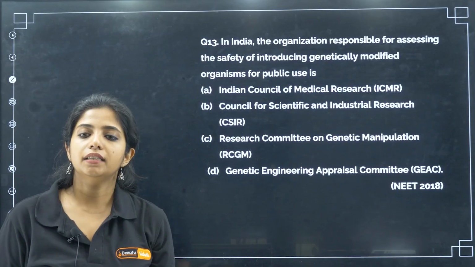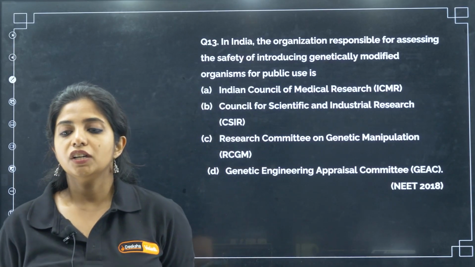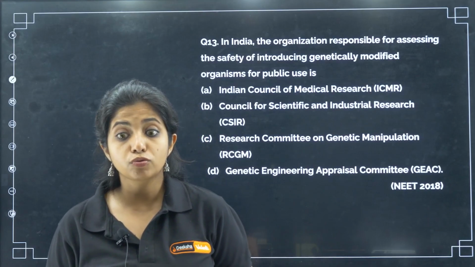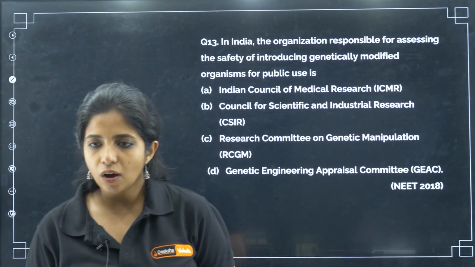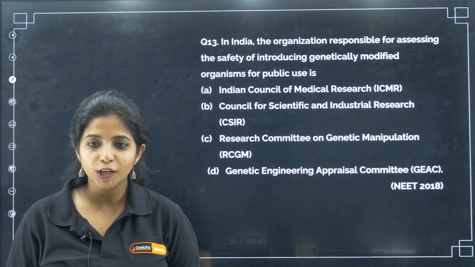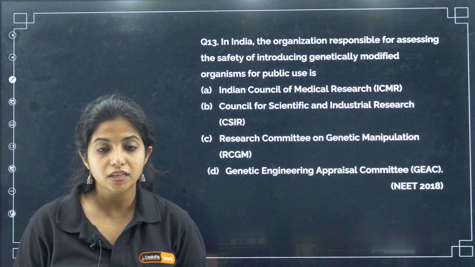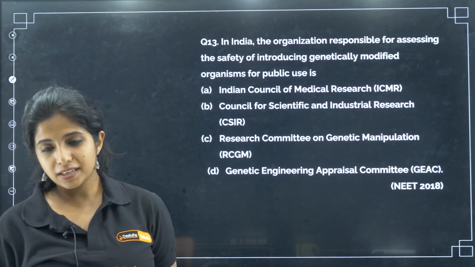In India, the organization responsible for assessing the safety of introducing genetically modified organisms for public use is what? Indian Council of Medical Research, ICMR, Council for Scientific and Industrial Research, CSIR, Research Committee on Genetic Manipulation, RCGM, or Genetic Engineering Appraisal Committee.